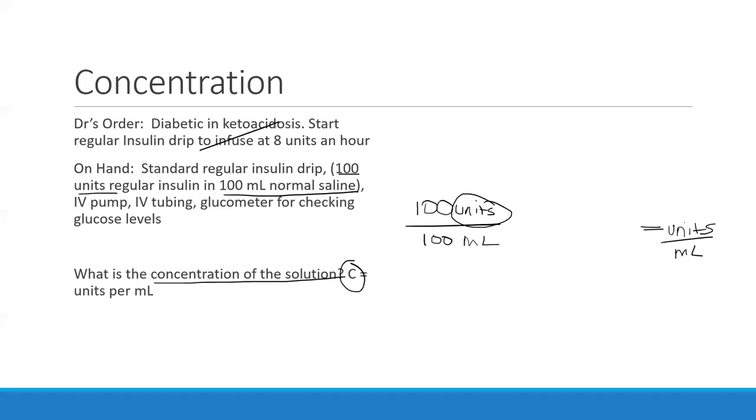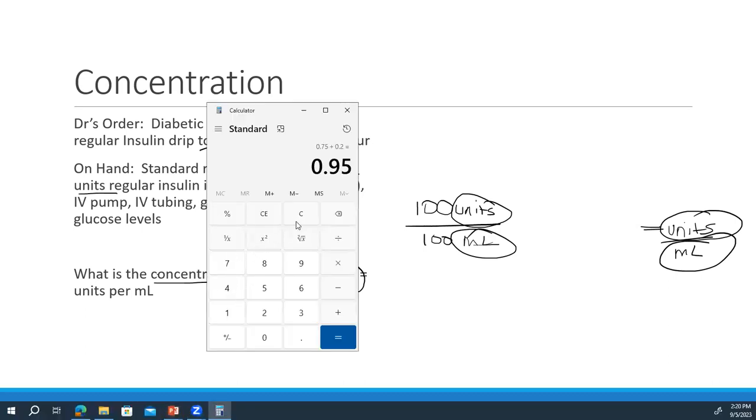So that matches. My mLs match. Do I need to do anything else with my variables? No, that's as simple as the problem is. I'm just looking for the concentration. So since I have units over mLs, I can do my math. So we're going to do, clear that, 100 divided by 100, which equals 1.